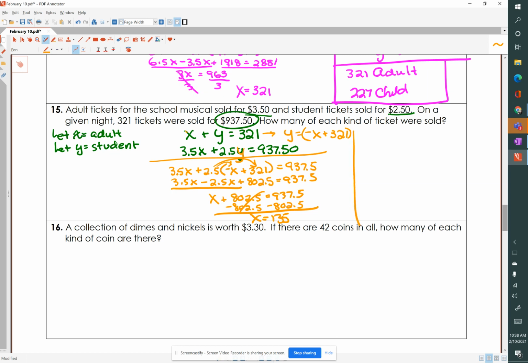We'll substitute that into our first equation. 135 plus y equals 321, and y equals 186. So 135 adults attended, and 186 children attended.